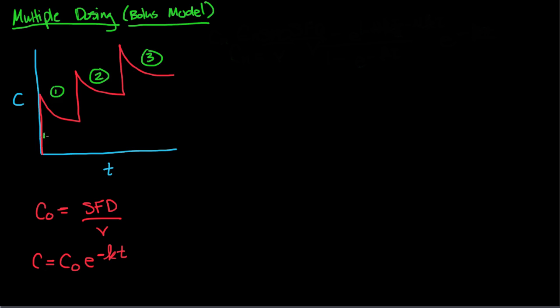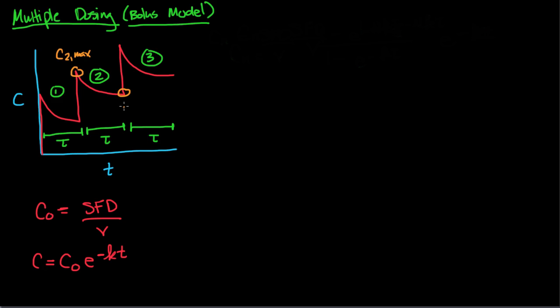Tau is going to be fixed, and you're going to design this in your dosing regimen. What can be a little complex about multiple dosing is you have to find out what your starting point is for each given interval. So the peak is going to be C2 max, and the trough, your minimum, is going to be C2 minimum.